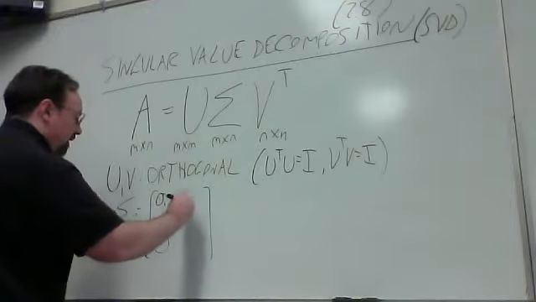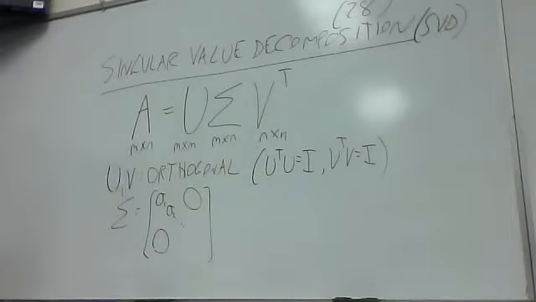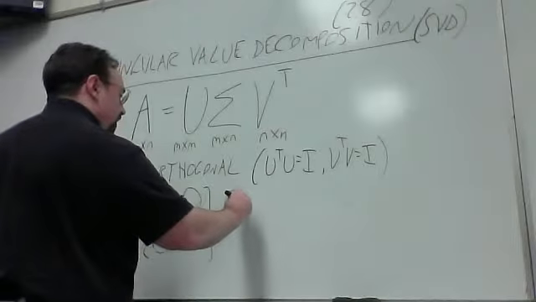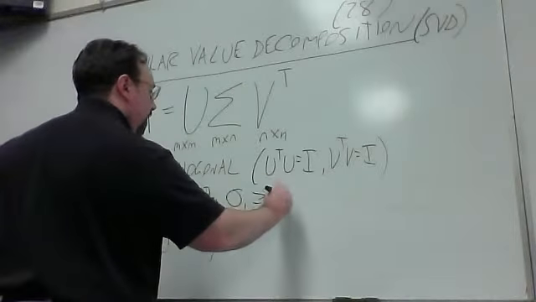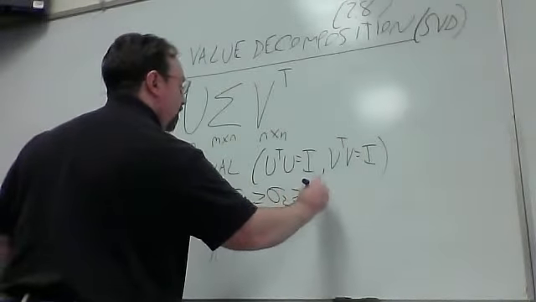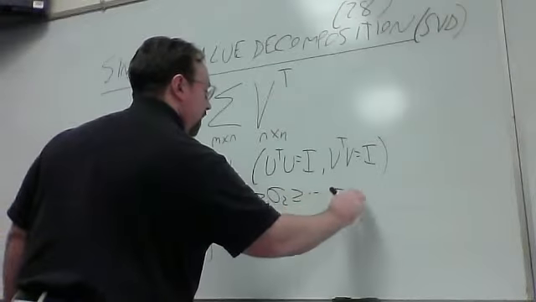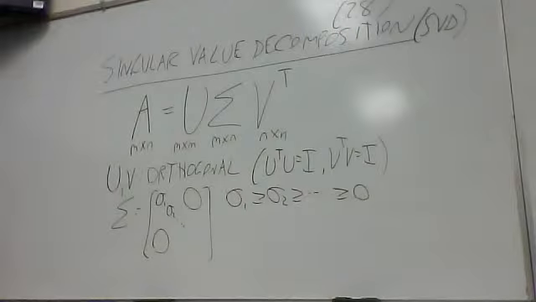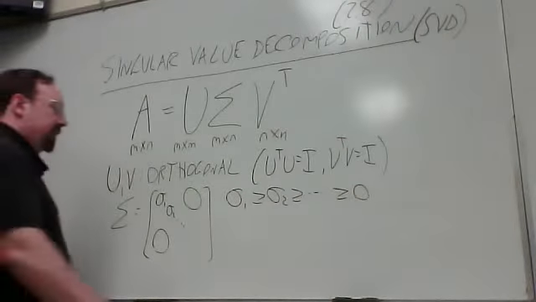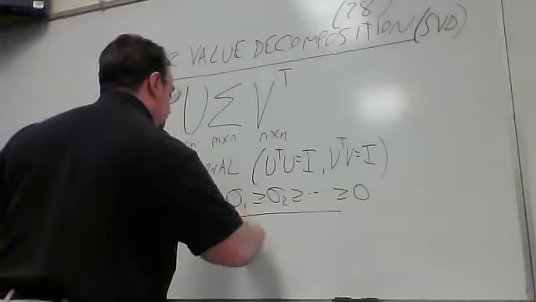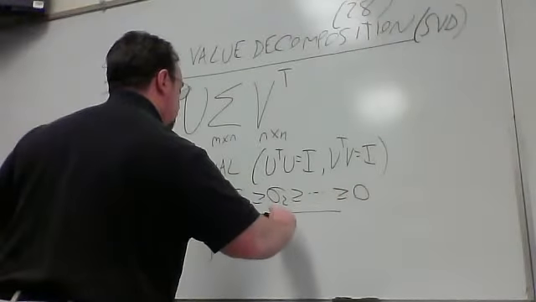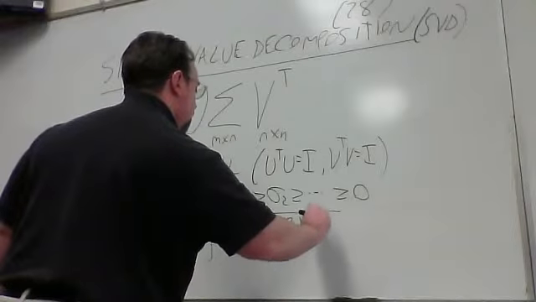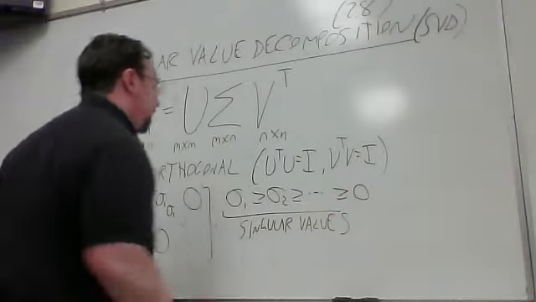And all other entries are 0. Sigma 1 greater or equal to sigma 2, and so on. And all these singular values are real numbers, even if the matrix A is complex. They're non-negative. These are the singular values.